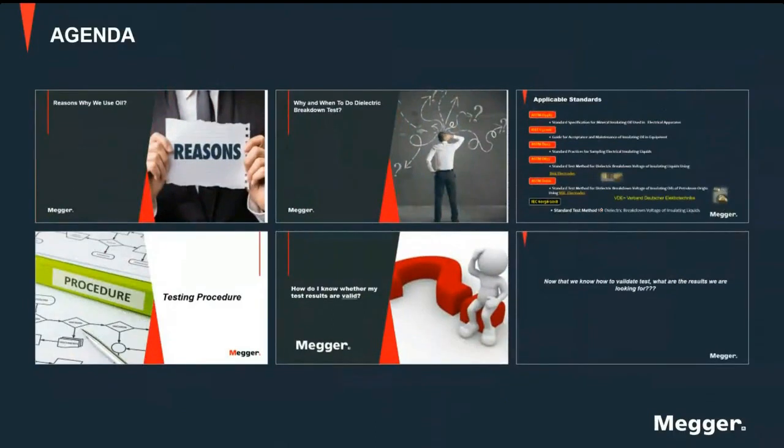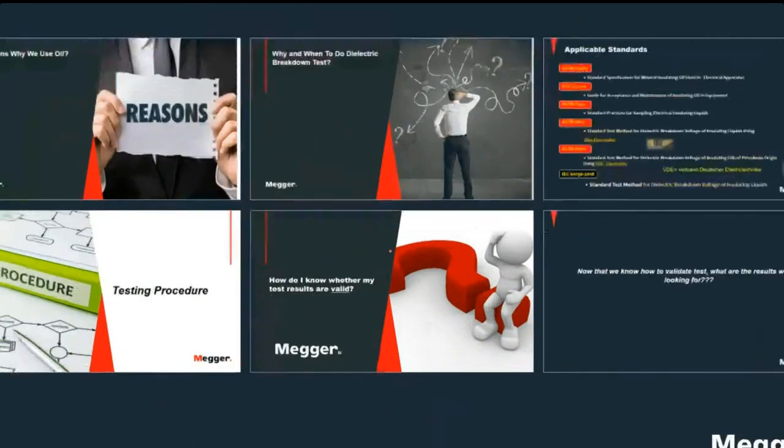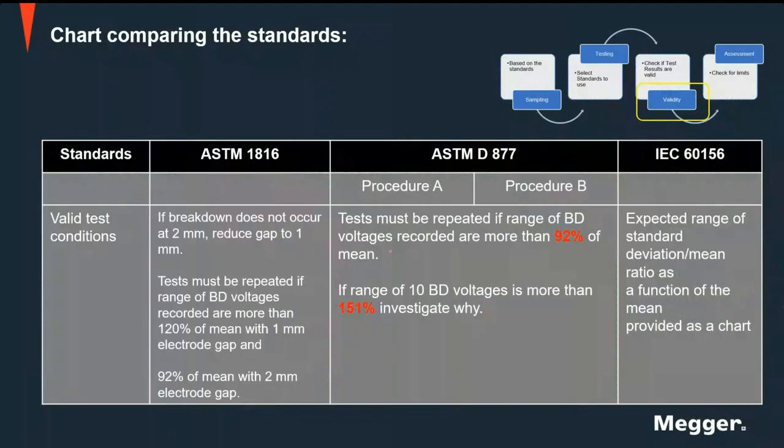Okay. Now, for example, if you've done with the testing, of course, you need to validate your test results. So when you validate the test result for 1816, it says that if breakdown does not occur in 1 or 2 millimeter, then reduce the gap to 1 millimeter.